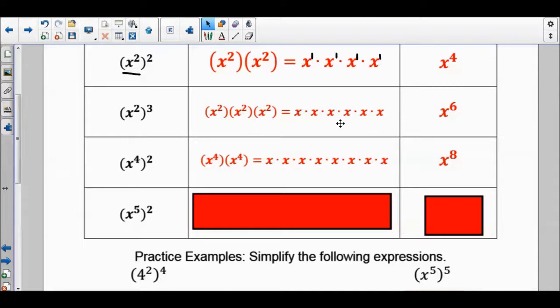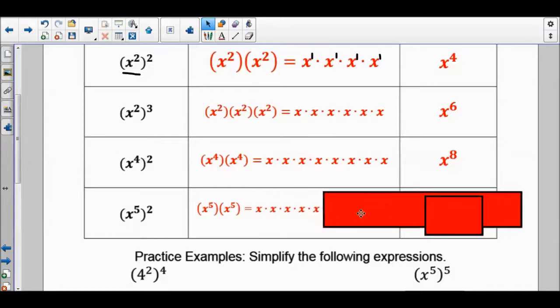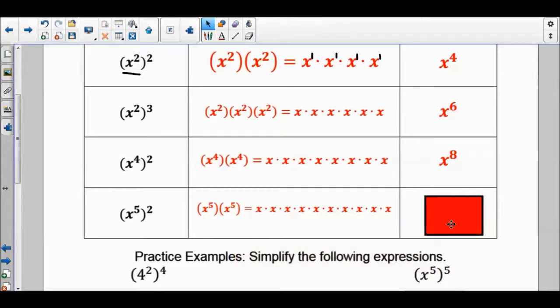For our last one that we're going to try together, we have x to the 5th raised to the second power. So here we would have x to the 5th times x to the 5th, which would give us 5 x's times 5 more x's, for a total of x to the 10th.